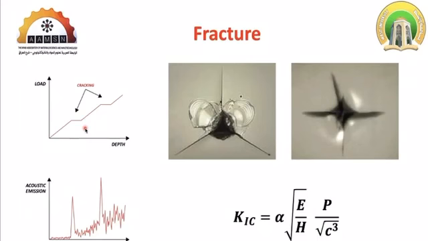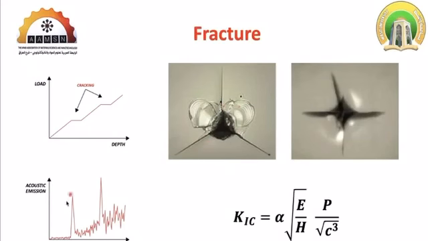For ductile material, these pop-in events always refer to activation of a dislocation system. So under a certain load, there is an activation of a certain dislocation system, a sudden movement of the dislocation system. But now we are talking about a brittle material, so the pop-in refers to the fracture occurrence.